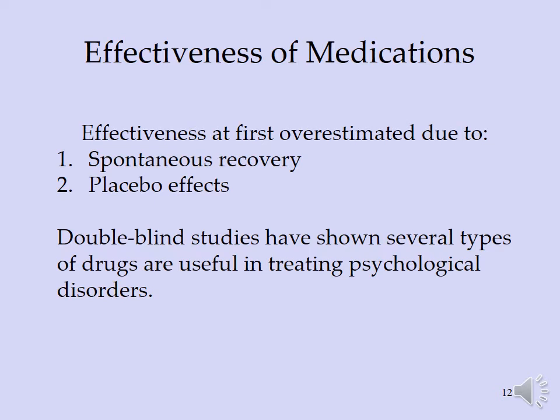And also, placebo effects were not considered, the influence of expectations on behavior as well. That said, more recent double-blind studies that control for these effects have shown that several types of drugs are indeed useful in treating psychological disorders. So we're going to look at some of them.